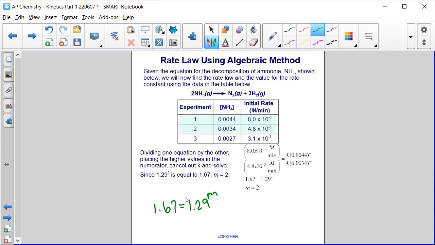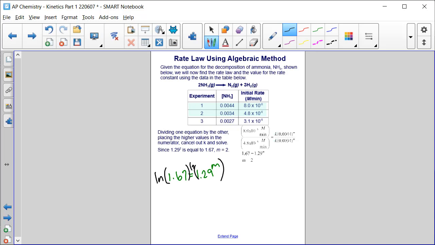Now, in order to do this, we need something called the natural log. Okay? So what you do is you use the natural log. You take the natural log of both sides. So I'm also going to do it on the right-hand side. Okay, now what is the result of that?